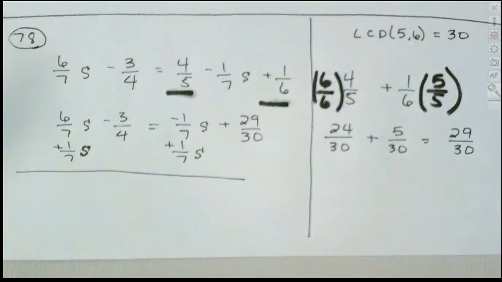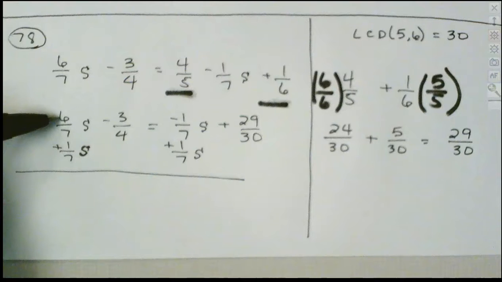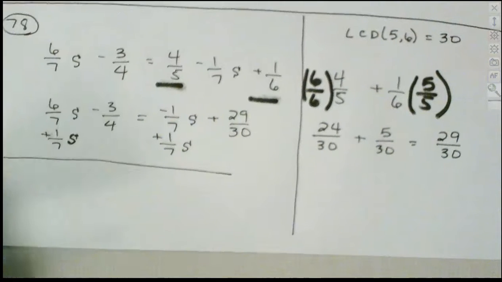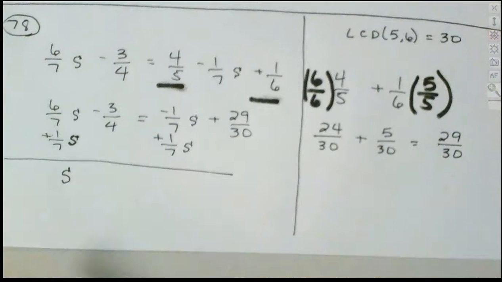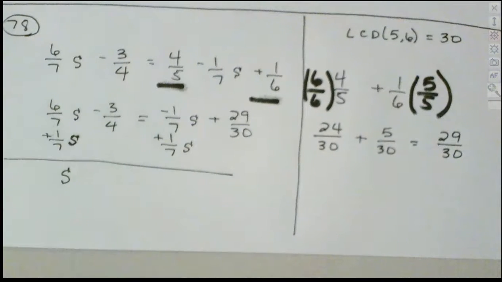Now you can either write it out or just see that 6/7 and 1/7 makes 7/7, which is then what? 1. So they go together and make just a single s. You can write it out with the fractions if you want to, but as long as you can see they have the same denominator, you can just skip that step.